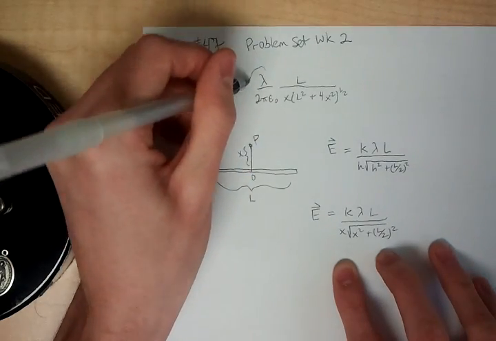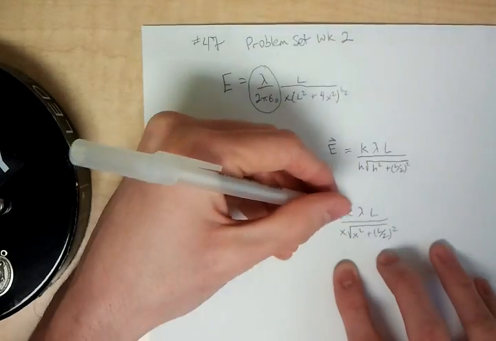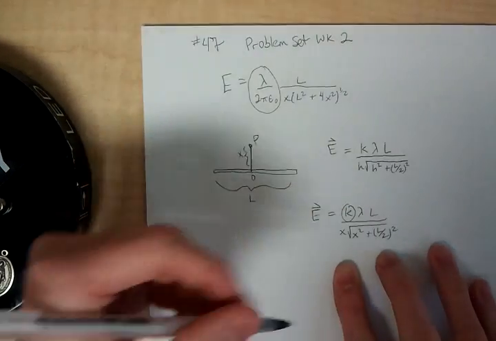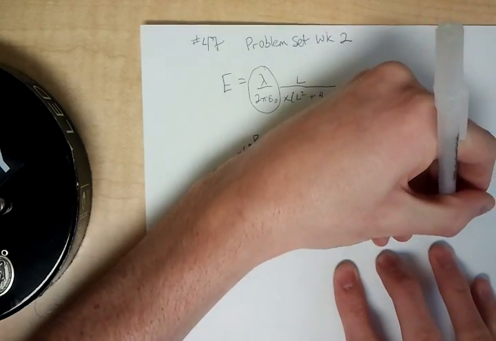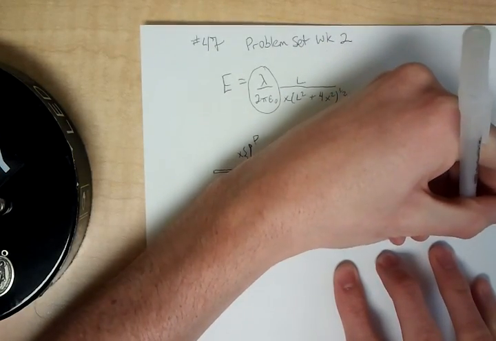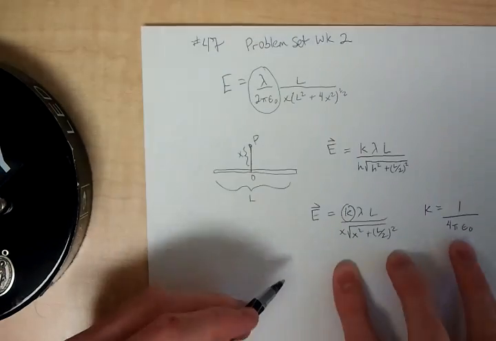One piece you'll notice here is this lambda over 2 pi epsilon naught. K, our constant, is equivalent to 1 over 4 pi epsilon naught, and lambda will just fall over where the 1 is.